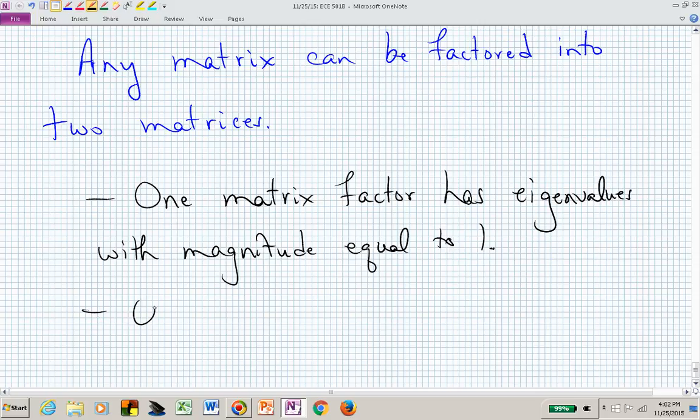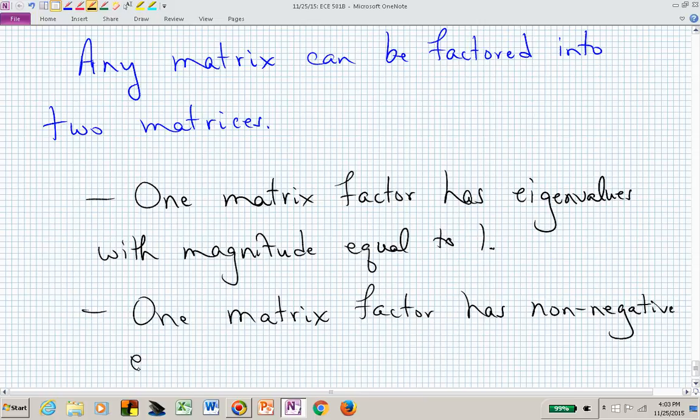And the other matrix, which corresponds to the positive operator or the positive square root of T dagger T, the matrix representation of that, one matrix factor has non-negative eigenvalues.